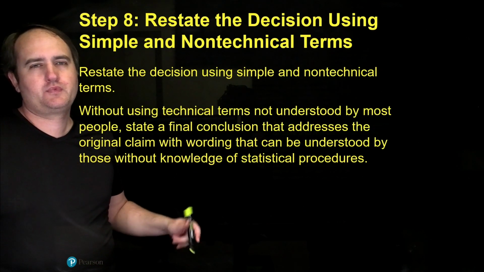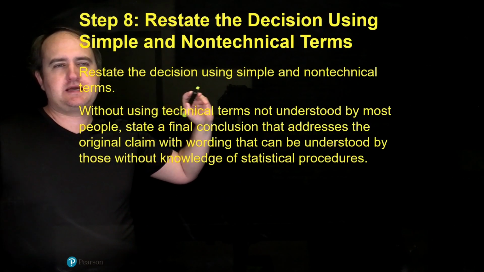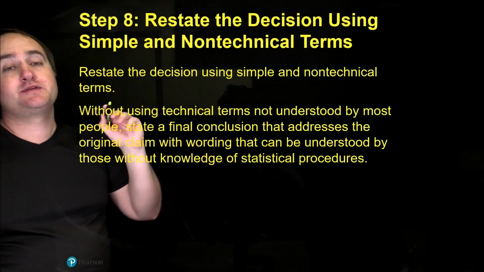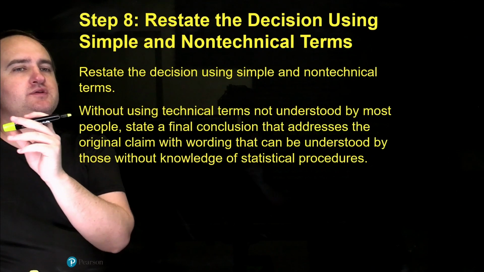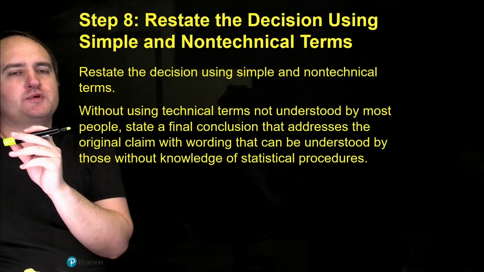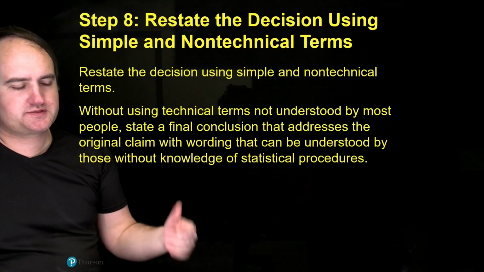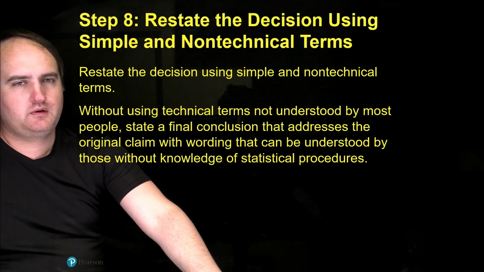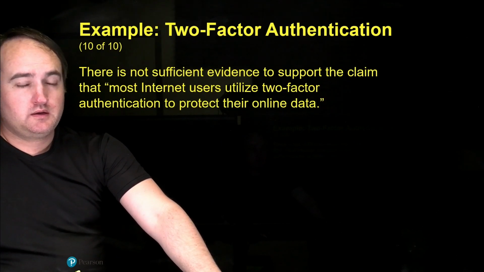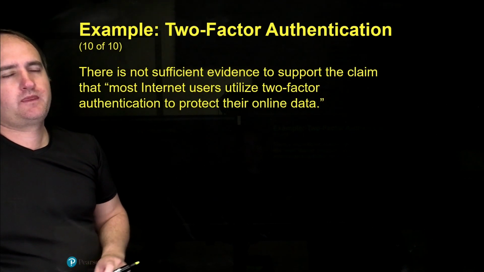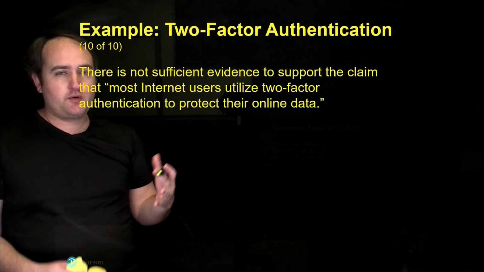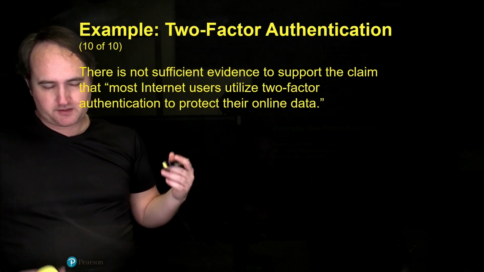So in other words, there's not enough evidence to support the claim. So the book says to restate the decision using simple and non-technical terms. So without using technical terms not understood by most people, state a final conclusion that people can actually understand. Okay, so continuing with our example, we already talked about this.